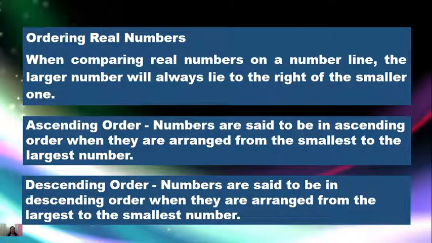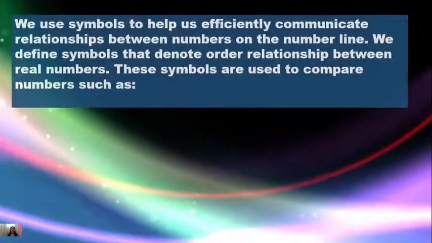Ascending means increasing, smallest to largest number. Descending means arranged from largest to smallest number. Okay. So, yun ang gagamitin natin mamaya doon sa next succeeding slides natin doon sa activity sheets.